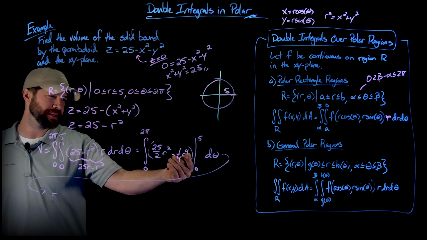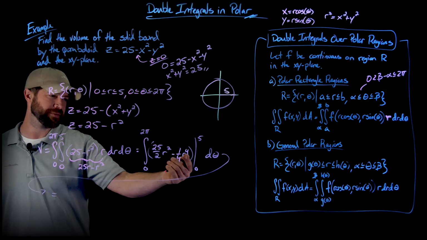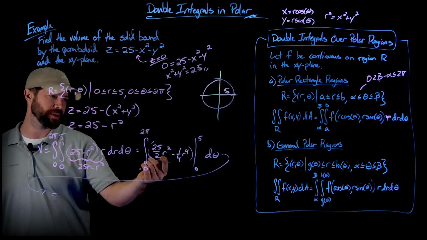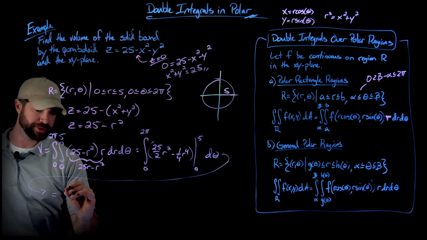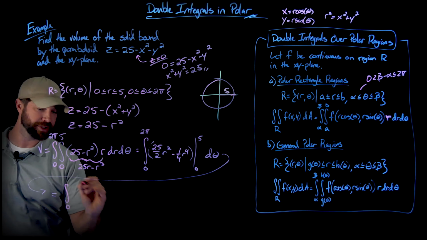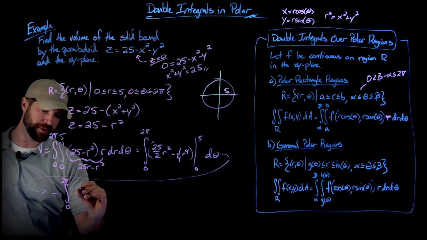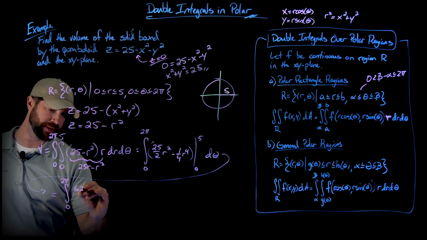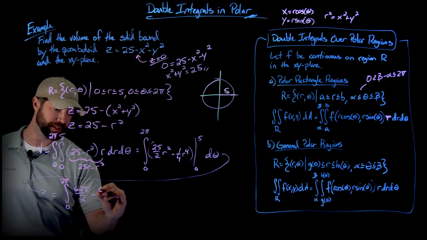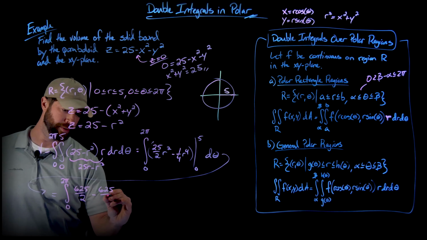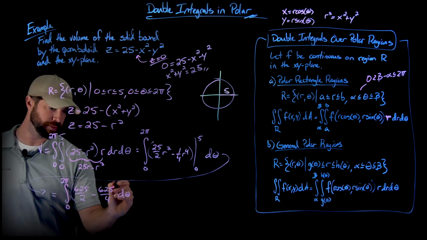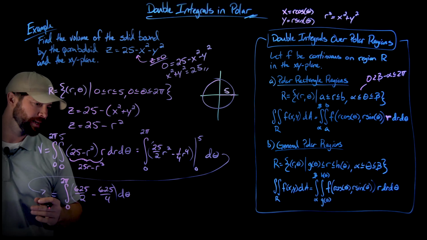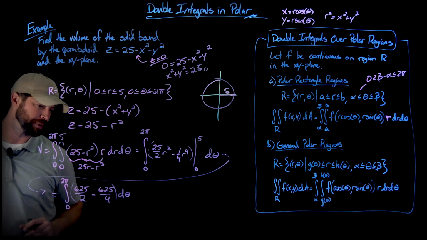But this is actually going to be 625 also, because this is 5 to the 4th, right? 5 squared times 5 squared is just 5 to the 4th, which is the same. And so what that's going to evaluate into is just the constant of 625 over 2 minus 625 over 4. And now we need to calculate that integral and evaluate it for theta from 0 to 2 pi.